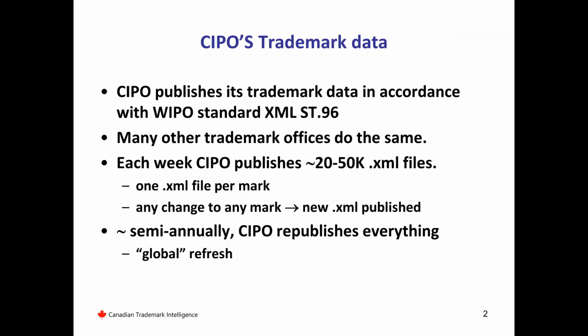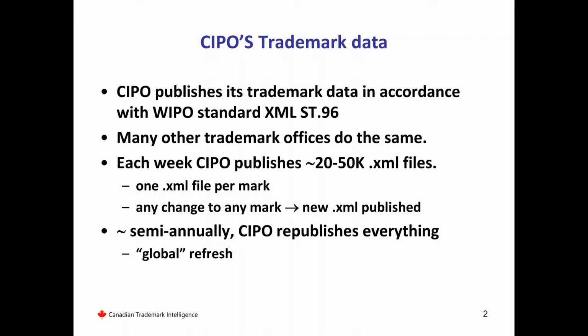Every week, CIPO releases anywhere from about 20,000 to about 50,000 XML files. If a new trademark application is filed, CIPO creates a new XML file for that trademark and publishes the XML file.